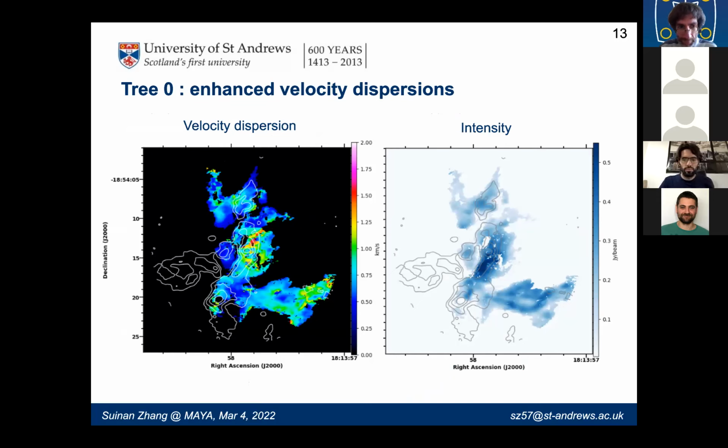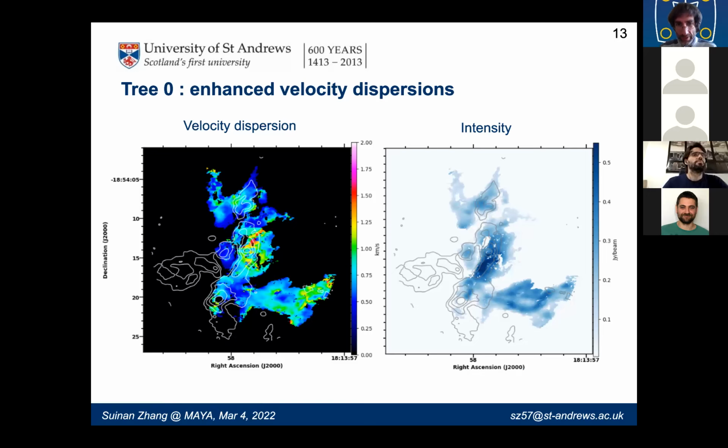I'm not sure I understand the question. So this is the velocity dispersion map of tree 0, and tree 0 is a result of hierarchical clustering. So we have already disentangled the multiple velocity components along this region.